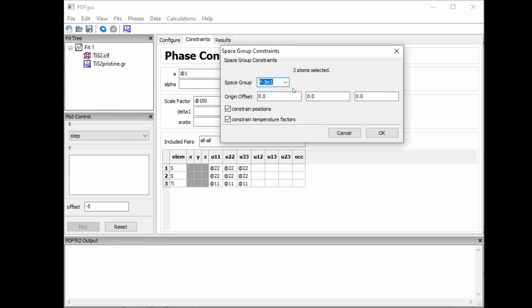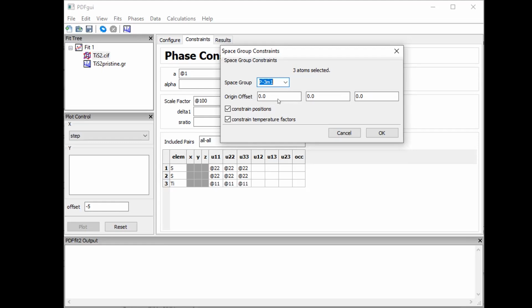What this means is confirming this structure, even though it looks like simply listing all the atomic positions, has intrinsic symmetry with a specified space group, which is P3 bar M1.